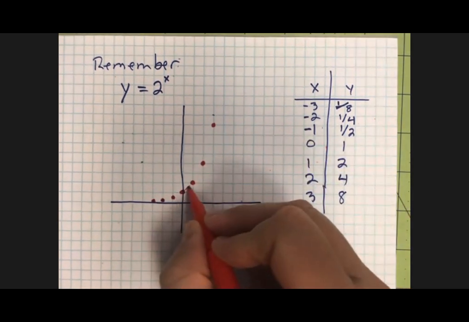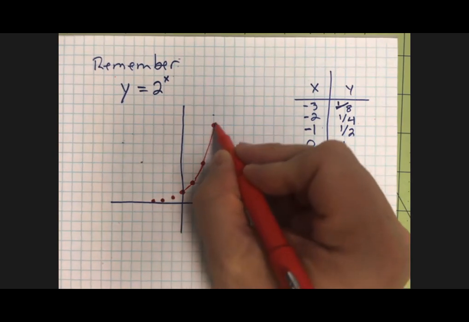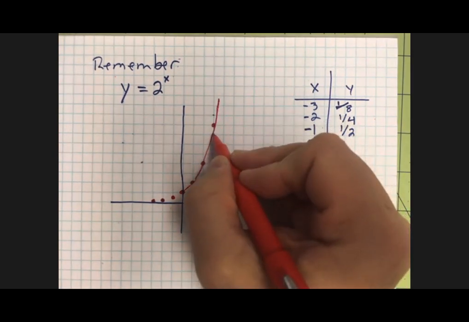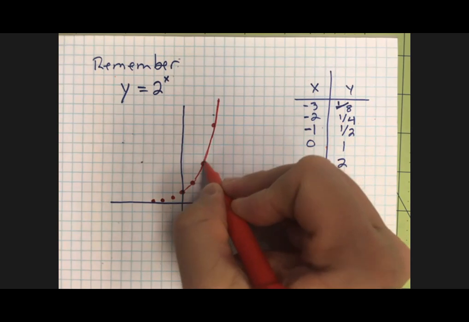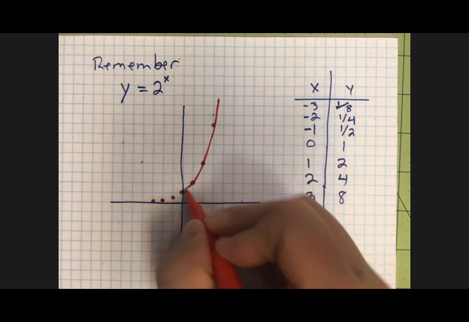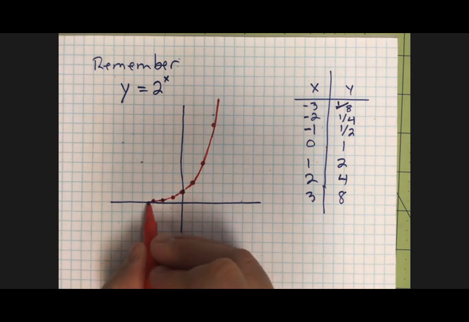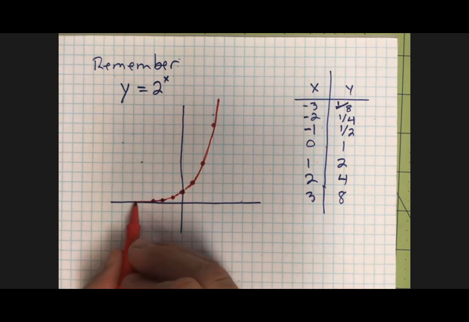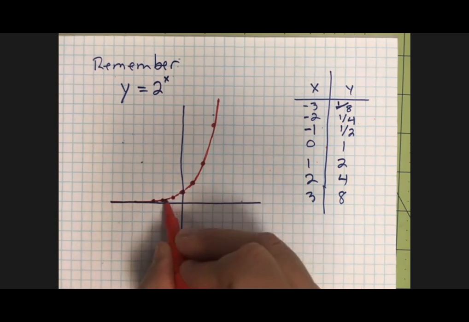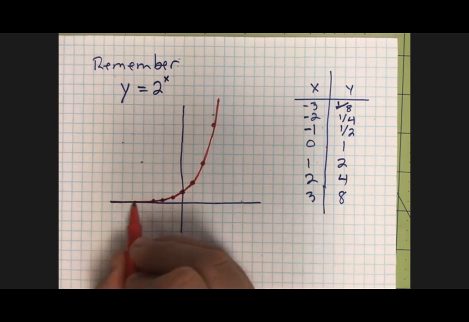It shoots through the roof as I go out to the right. Flattens as I go out to the left. Technically, it gets so flat, it almost looks like that axis. There's nothing wrong with drawing it like that.